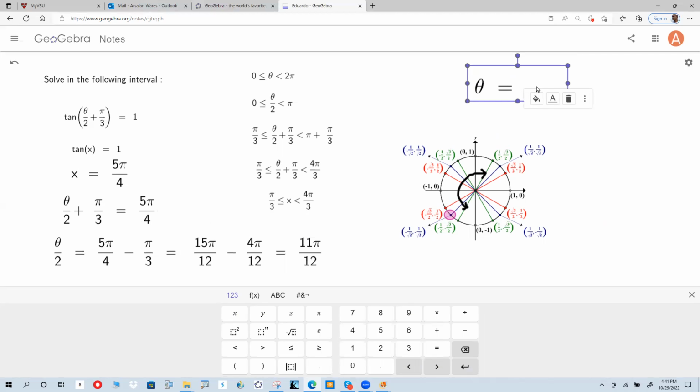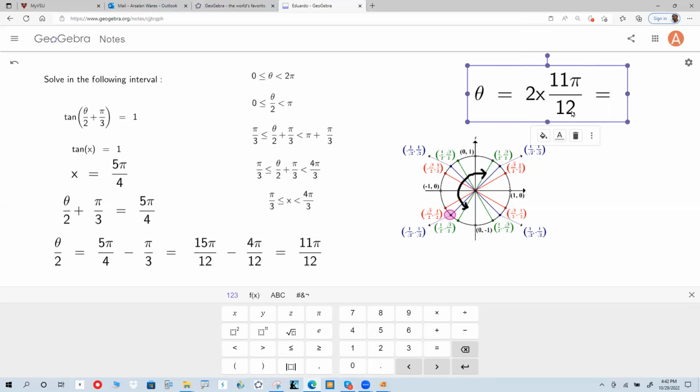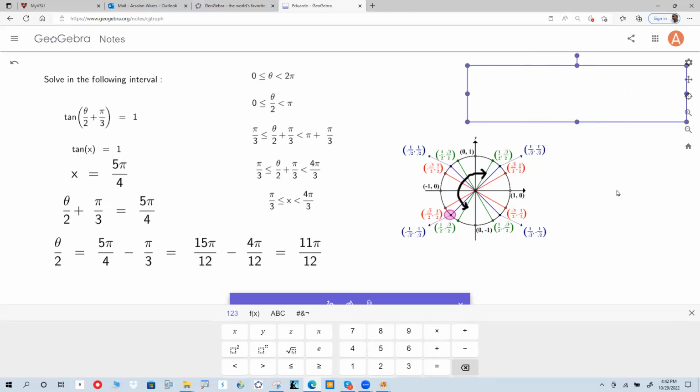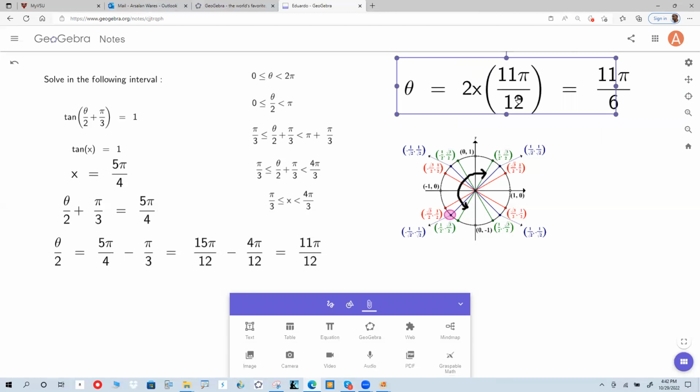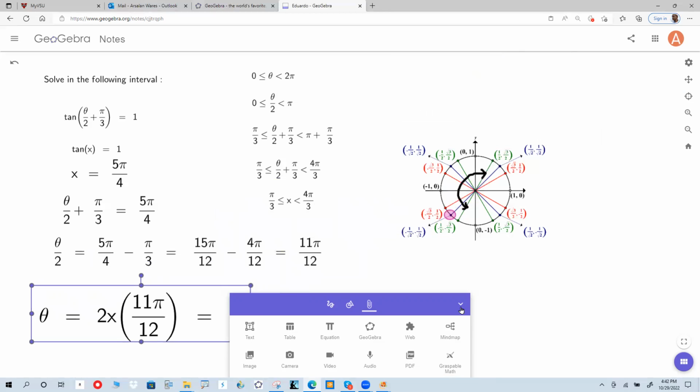Theta is equal to, multiplying both sides by 2, 11 pi over 12 times 2. I'll cancel 2 and 12, and I'll get 11 pi over 6. My answer is theta is 11 pi over 6.